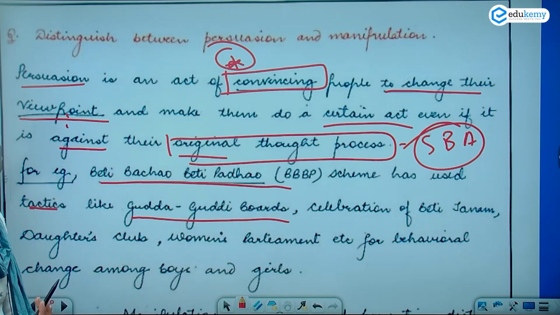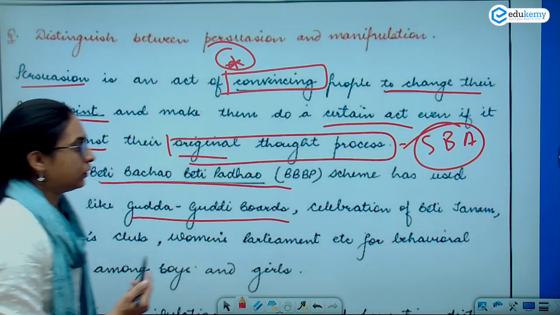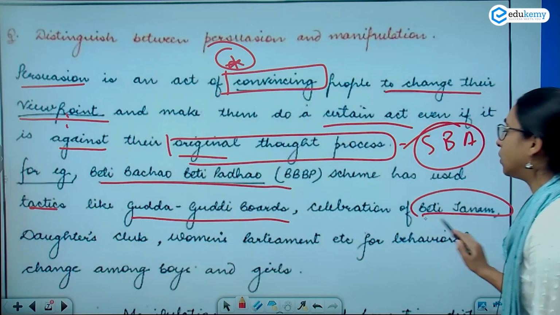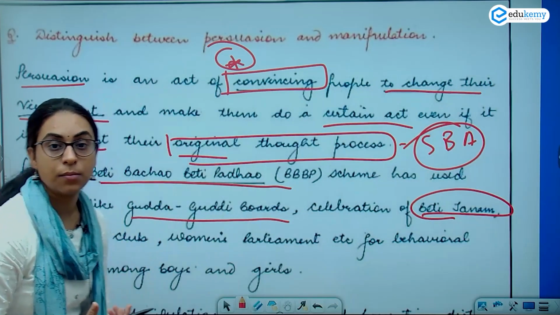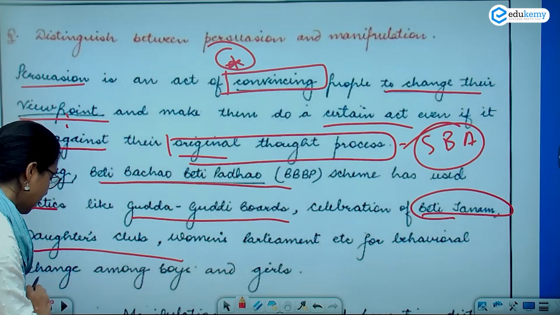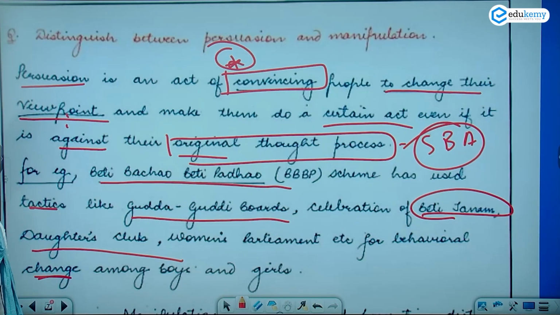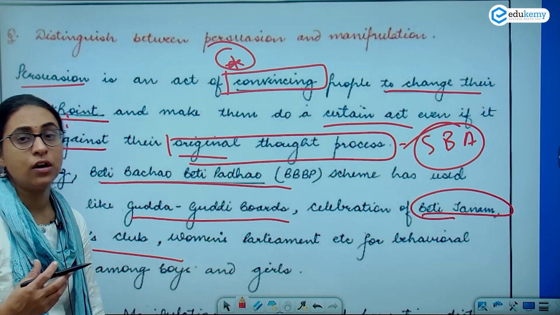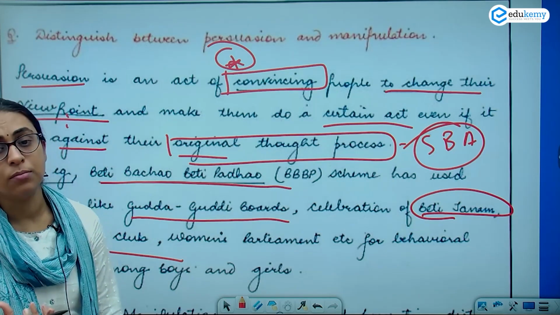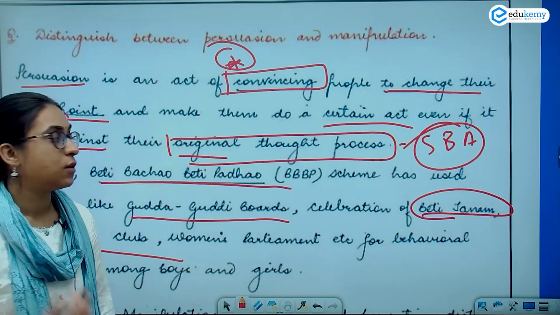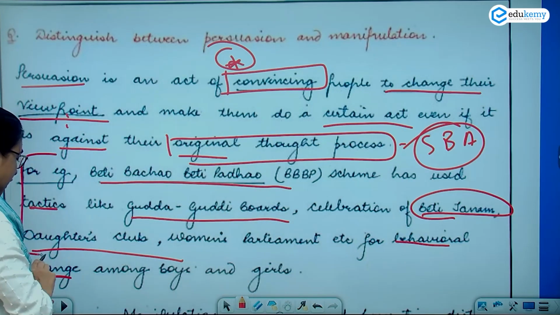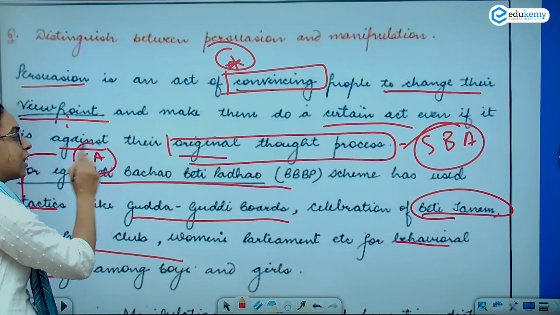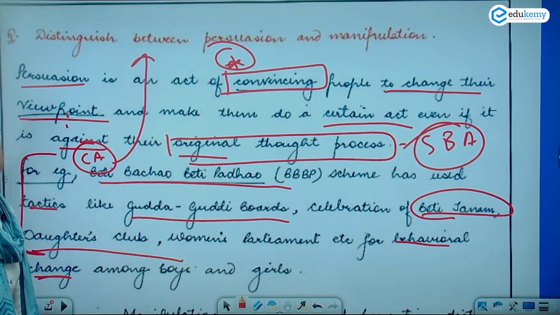They celebrate the daughter's birth, they have daughters clubs, they have women parliaments, for bringing behavioral change among young girls and boys. So here, in 2-3 lines, you've explained it, using current affairs knowledge to fit the demand of the question.